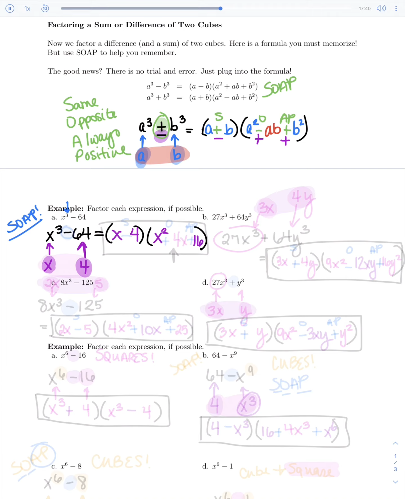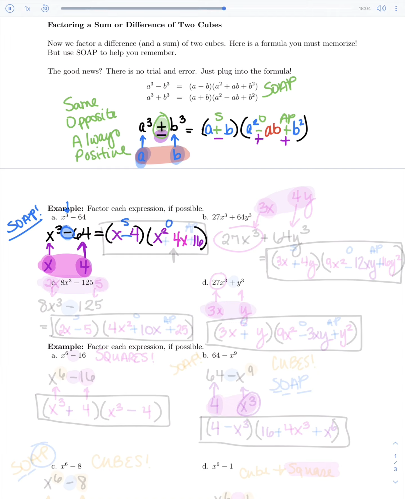And then remember that the middle term is taking those 2 terms, both of them, and multiplying them. Well, x times 4 gives me a 4x. Now let's fill in our signs using our SOAP. Remember, SOAP says the first term should be the same. Well, I start out with a minus, so it'll be the same, a minus.